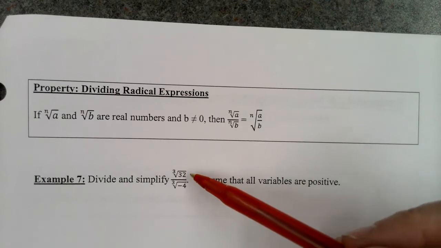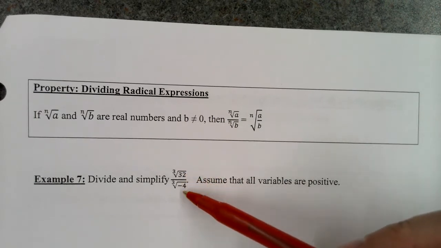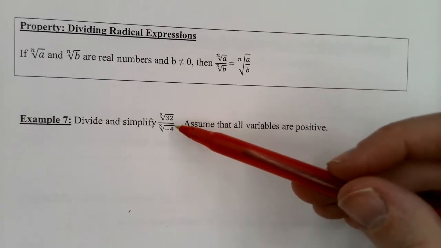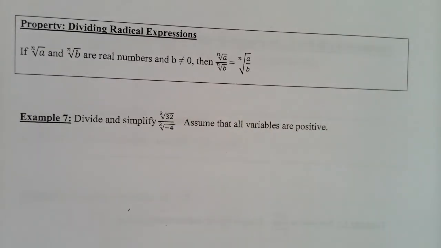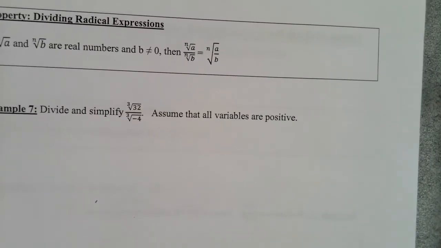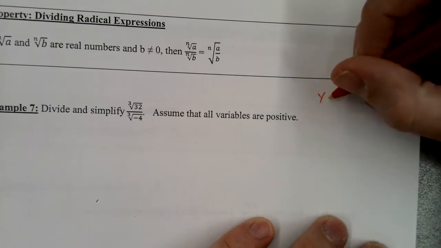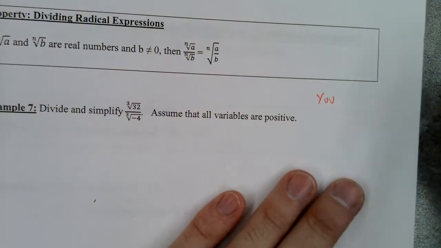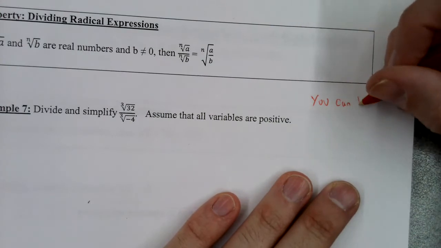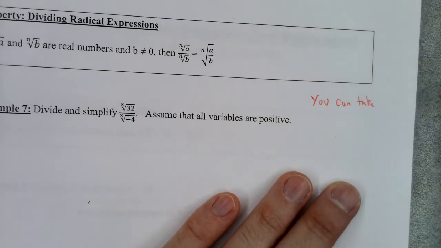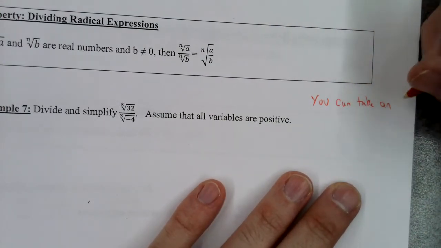But you may think that these are not real numbers because you have that -4 right there. But these are real numbers because you can take the odd root of a negative number. Let me jot that down just so that way you know why I'm doing that. You can take an odd root of a negative number.